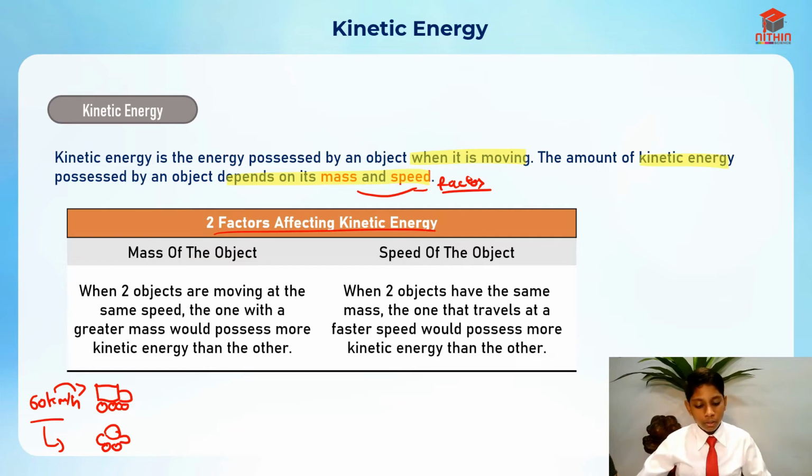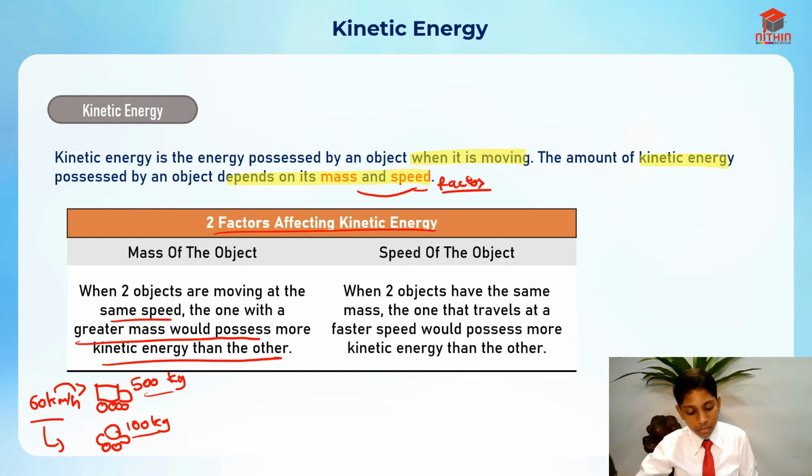Let's say the truck is 500 kg or something like that, and the car is 100 kg. This is not actual, I'm just giving a random example. The one with the greater mass has greater kinetic energy, so it possesses more kinetic energy than the other. It's the same speed, so a condition is that they must be at the same speed.